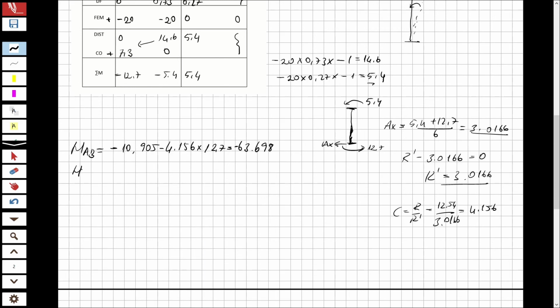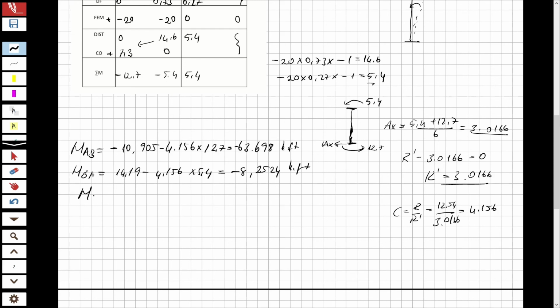For moment BA, that will be 14.19 minus 4.156 times 5.4, and will be equal to minus 8.2524. Okay, and of course this is counterclockwise.